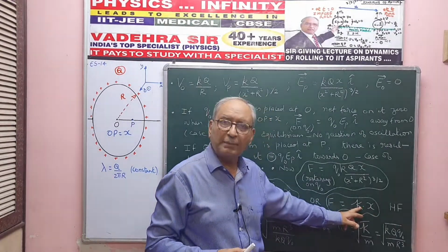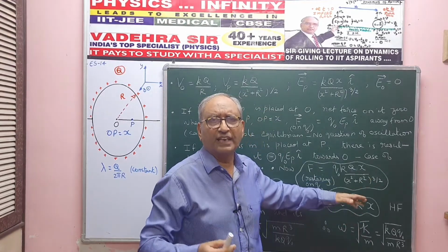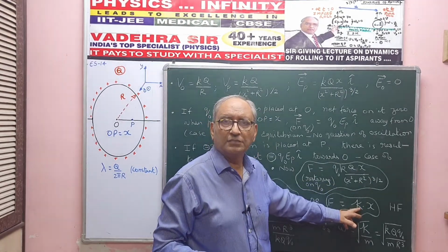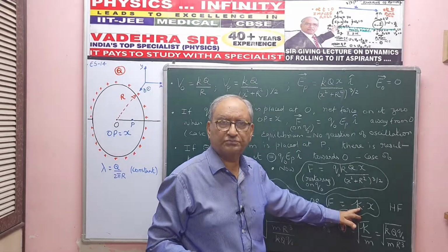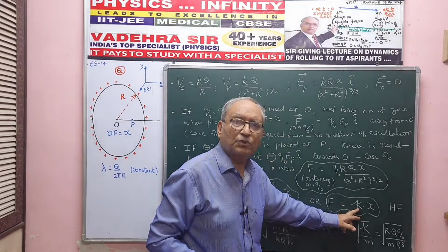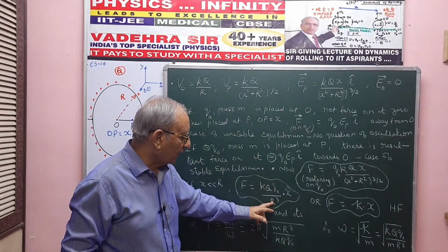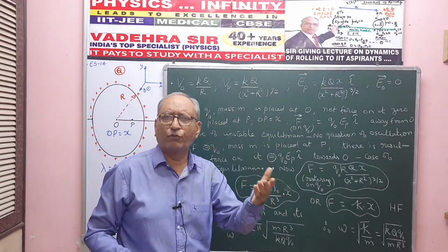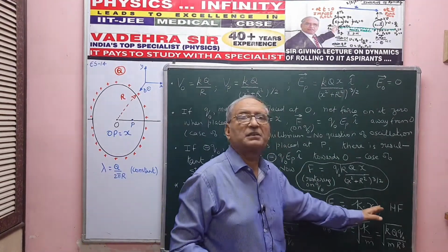This constant, capital K slash, that's my way of saying things, I'll call the Hooke's constant K slash. So this K slash, the Hooke's constant, is kQQ naught upon r cube. Of course, the small k is 1 by 4 pi epsilon naught, the electric field constant. So it is a constant multiplied by x.